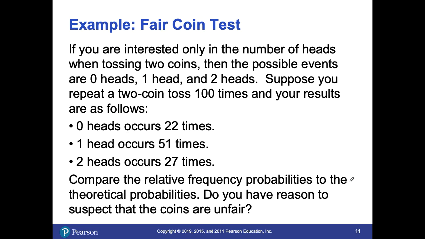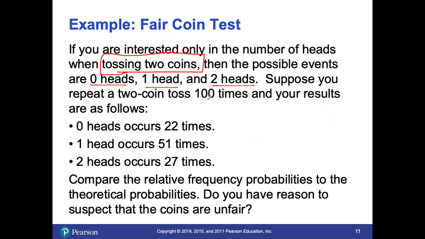So for example, if you're interested in only the number of heads when tossing 2 coins, let's go ahead and look at the possible events. We're going to toss 2 coins here. So the possible events are you get 0 heads, 1 head, or 2 heads. Now there are different scenarios where this can give you theoretical probability.